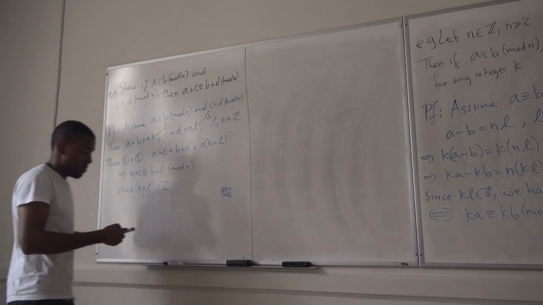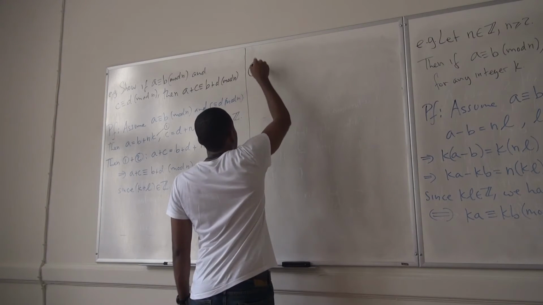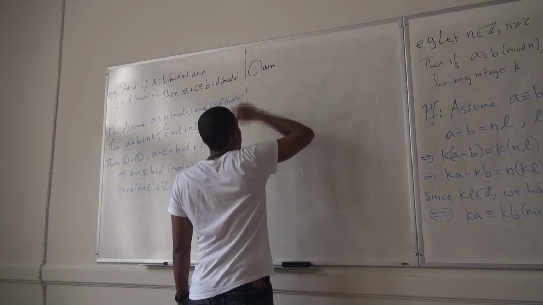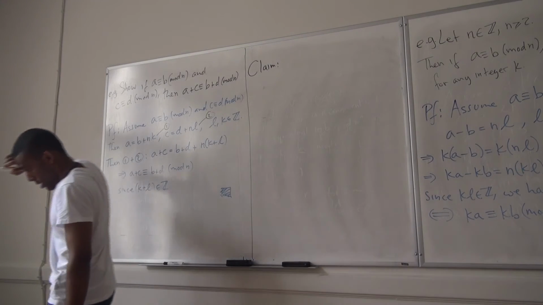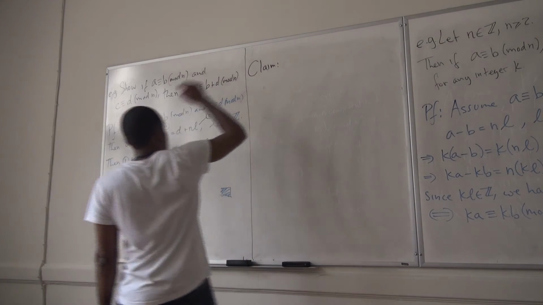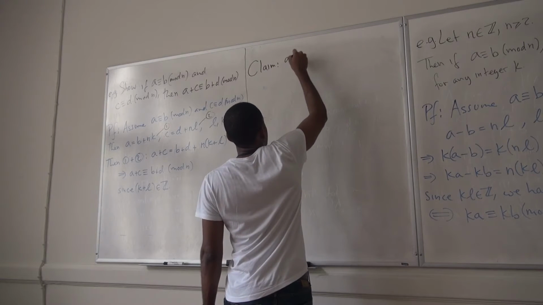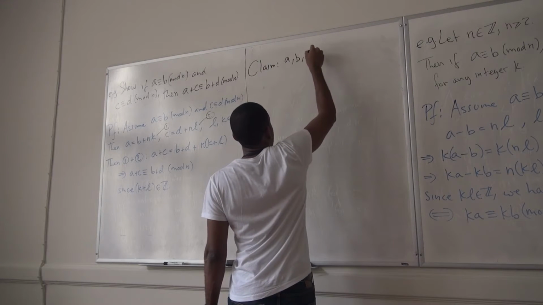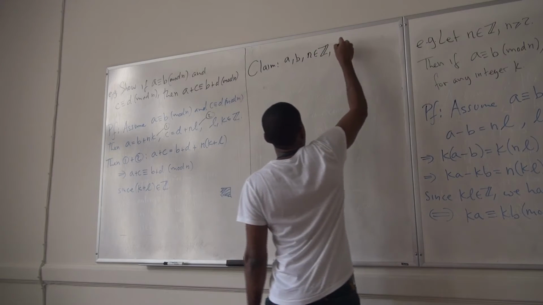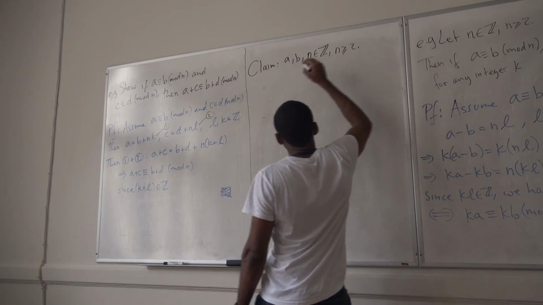So here's a claim. A, B, n are integers, n greater than or equal to 2.